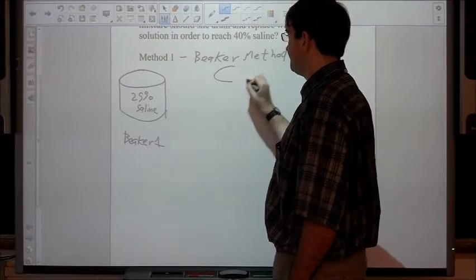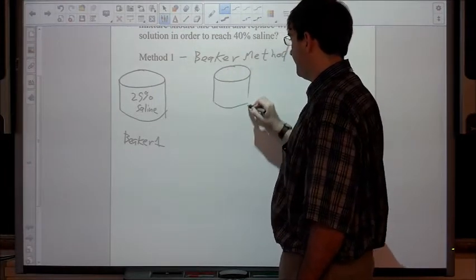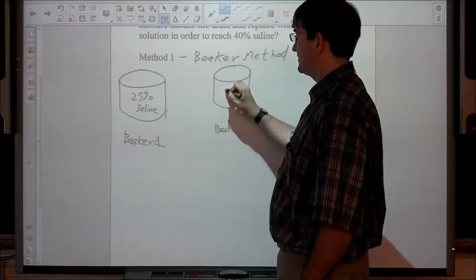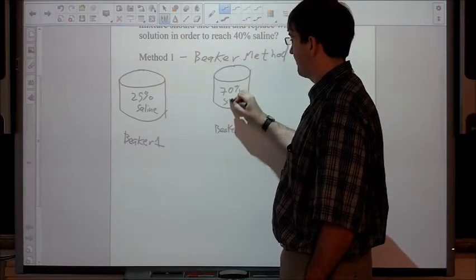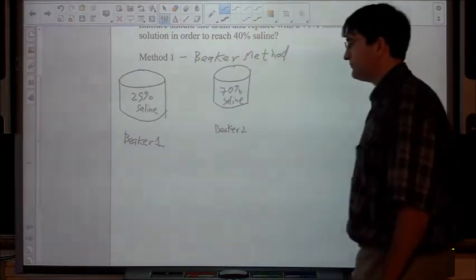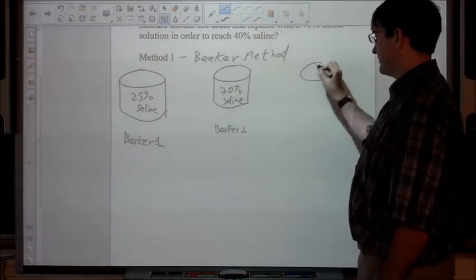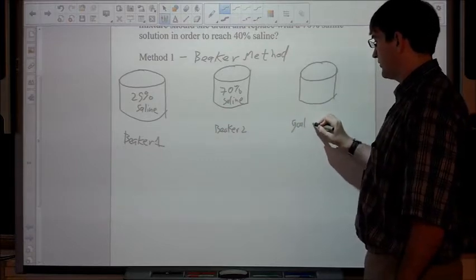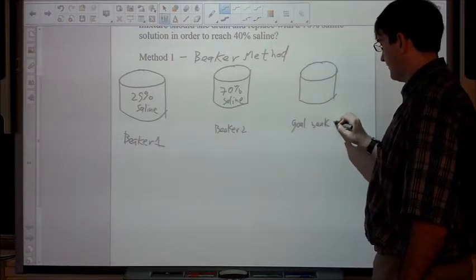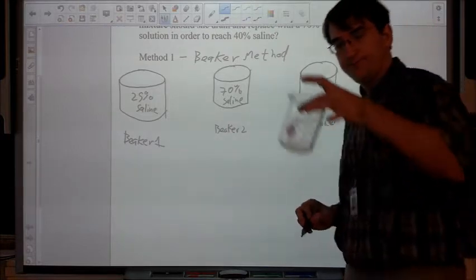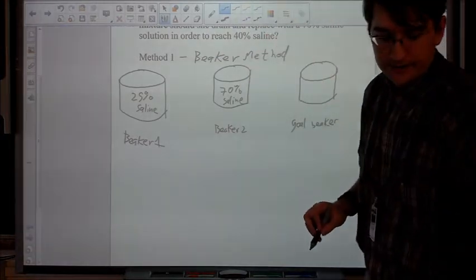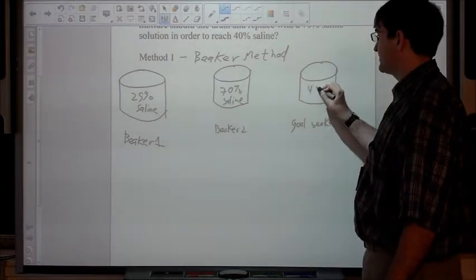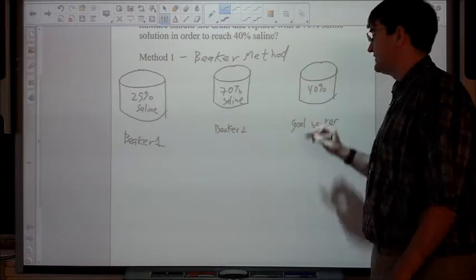And I have beaker 2, that is my 70% saline. And then my goal mixture, my goal beaker. Beakers, remember, you remember these from chemistry class. My goal beaker is 40% saline.